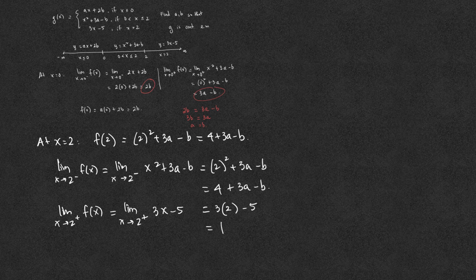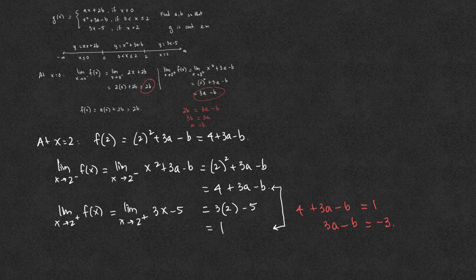Now, for the limit to exist as x goes to 2, we would need the left-hand side limit, 4 plus 3a minus b, to equal the right-hand side limit, which is 1. Simplifying this, we need 3a minus b equals negative 3.